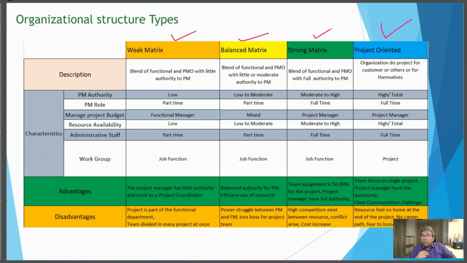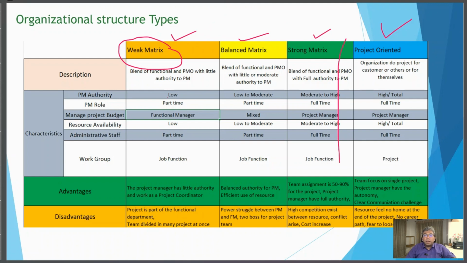Although it is a matrix organization, it has the attributes of a functional organization, so it has all the disadvantages similar to a functional organization. This is for the weak matrix. The strong matrix is similar to the project organization. That means the project manager has the full authority, and it has similar advantages and disadvantages to the project oriented organization.